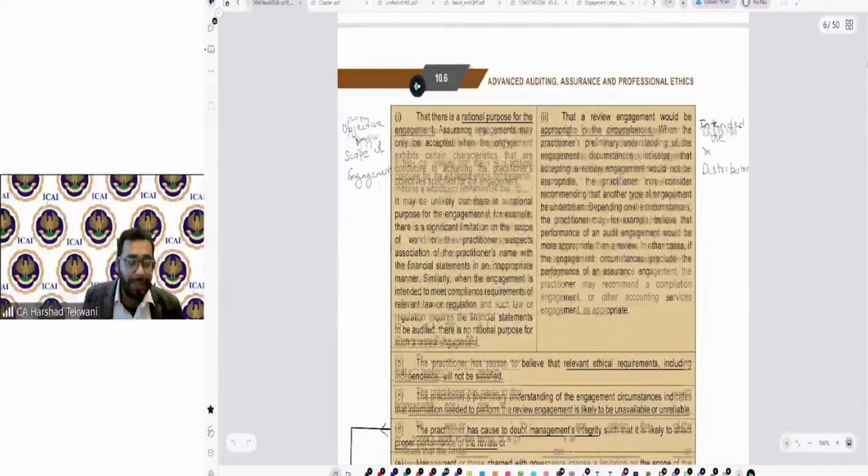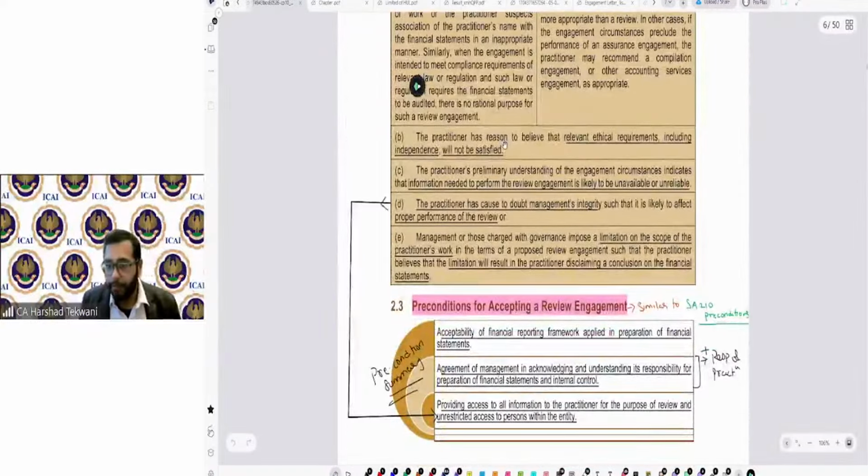Yes, so these are certain areas which the practitioner has to look for, and he or she should not accept the review engagement if these conditions are not fulfilled. So in other words, we can say these are the preconditions.